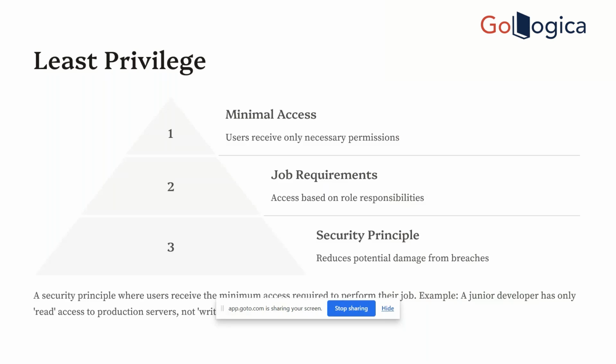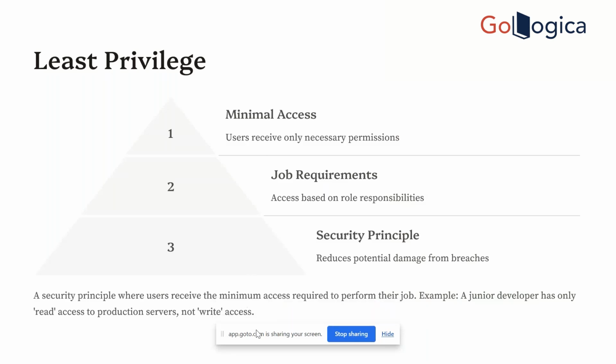What exactly does least privilege mean? Least privilege means a security principle where users receive the minimum access required to perform their job. For example, a junior developer has only read access to production servers, not write access.